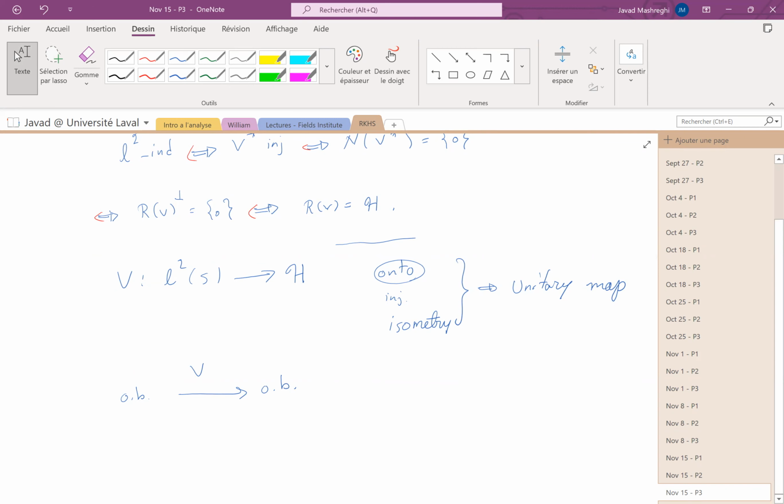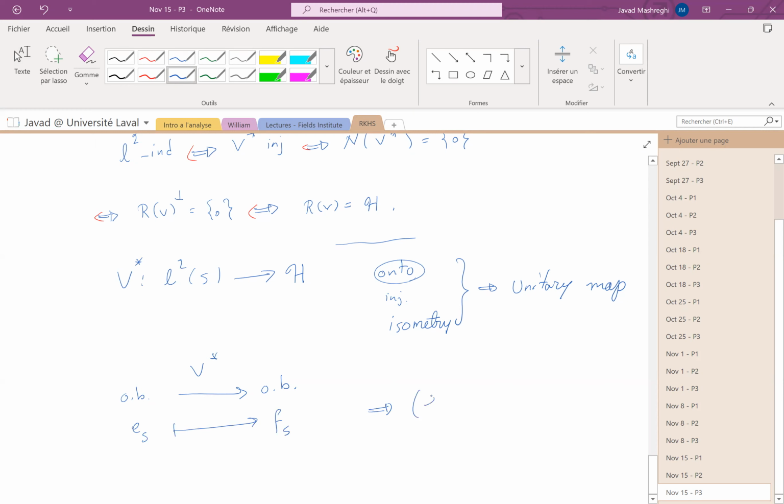Well, I wrote these things about V. Yeah, it's true. It maps. Sorry, this is V star, not V. Range of V. Yes. So V is unitary. V star is also unitary. So V star maps ES to FS.